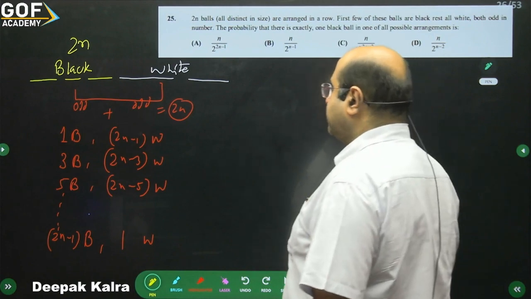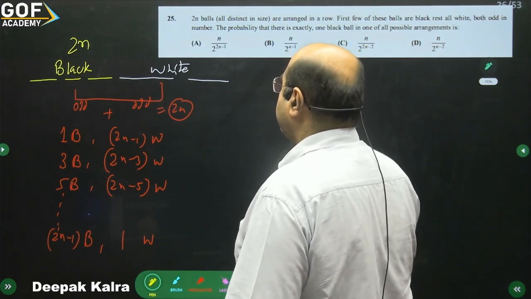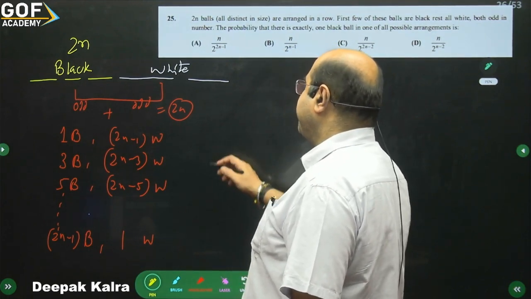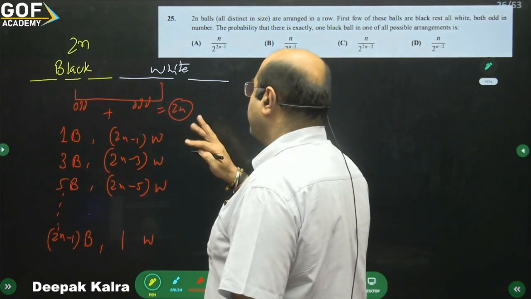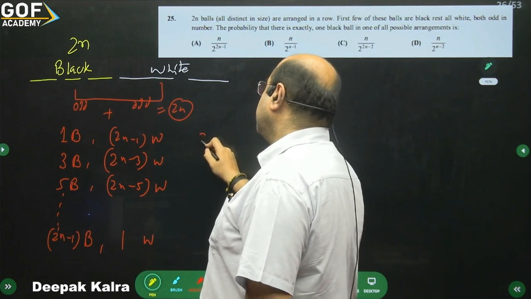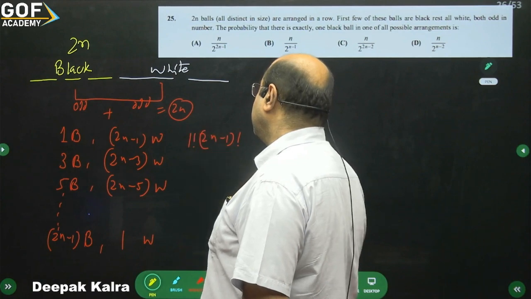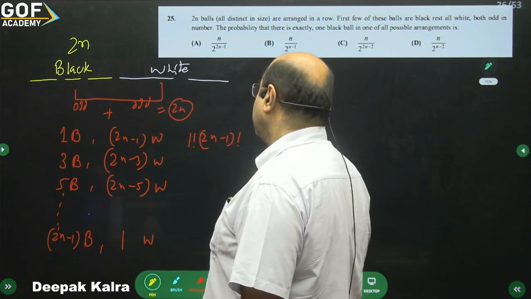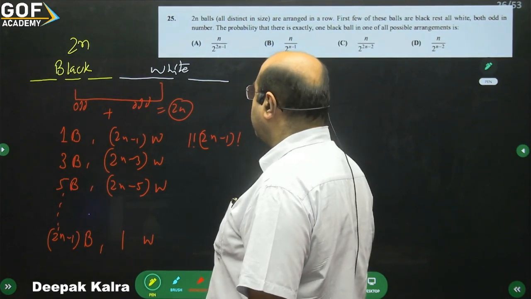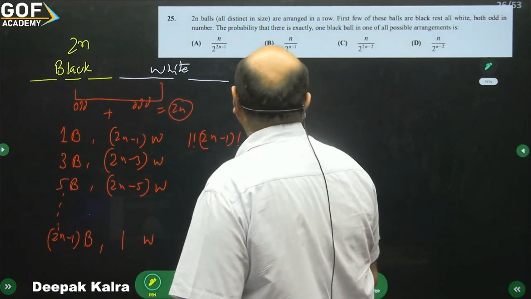What do you say? How to arrange them? 2n minus 1 factorial into 1 factorial, they should be together, right?